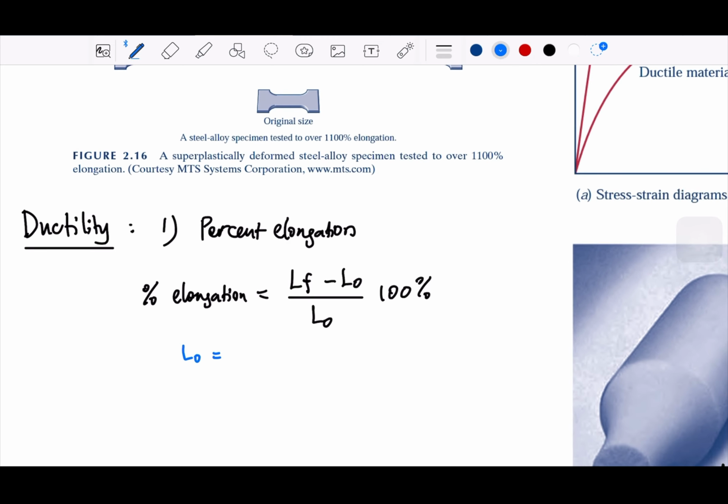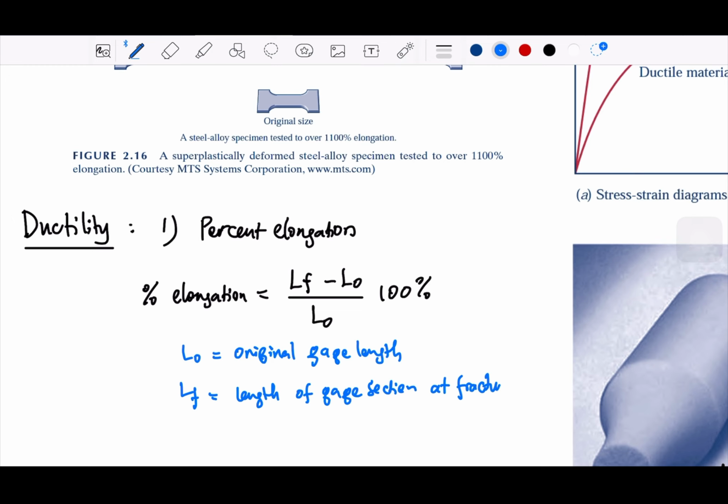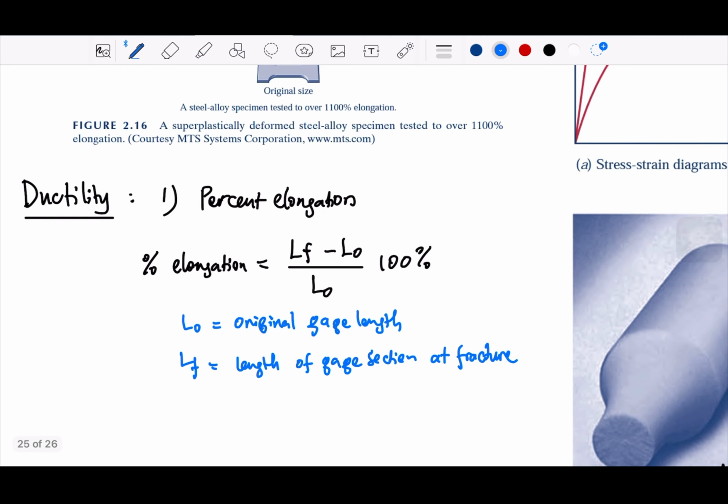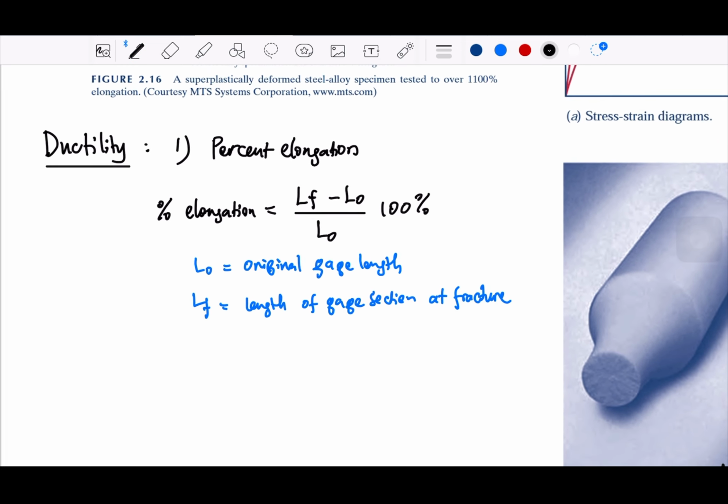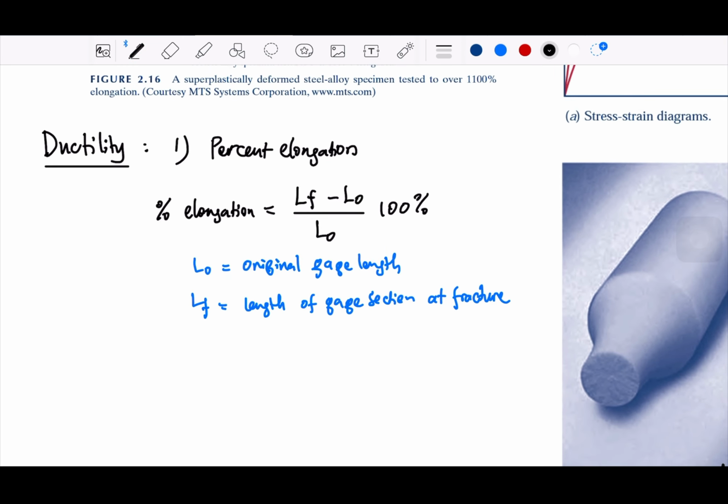L0 is the original gauge length, and Lf is the length of the gauge section at fracture. So that's how we compute ductility, the first method.